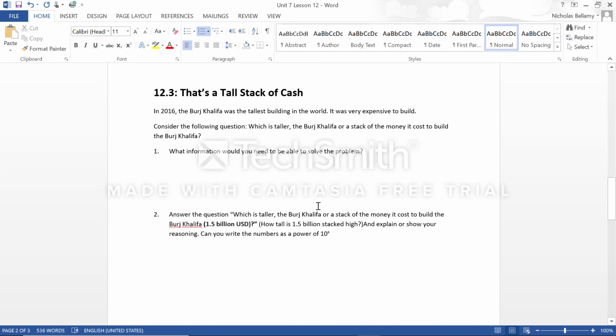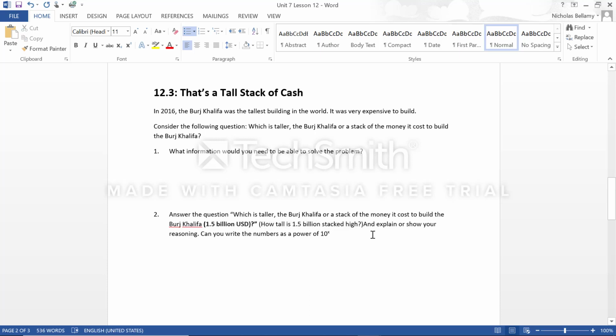Same down here, yeah: which is taller, the Burj Khalifa, or a stack of money it cost to build it? Well, it's $1.5 billion. So we need to figure out how tall is $1.5 billion stacked, right? So that's something that we're going to simply Google.